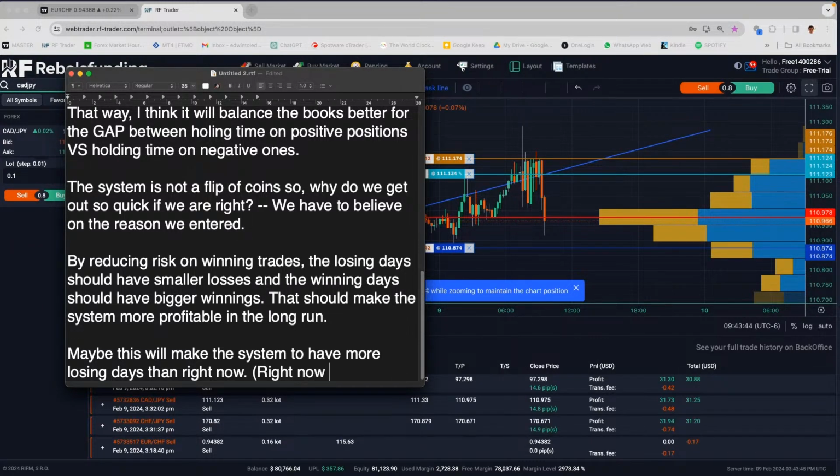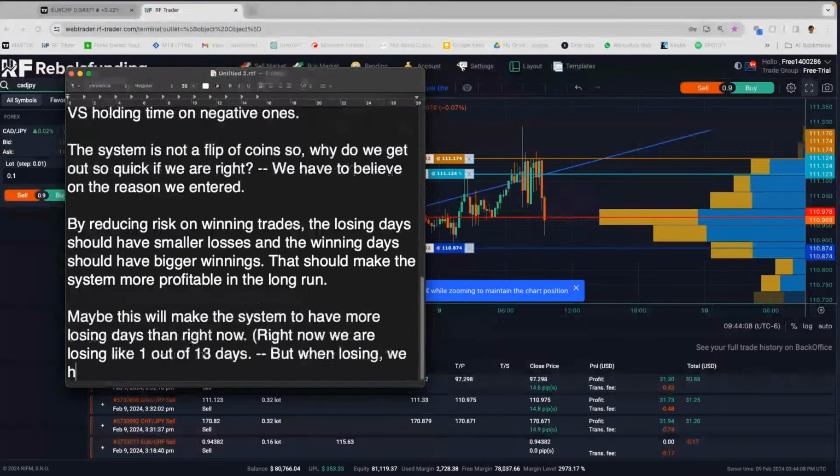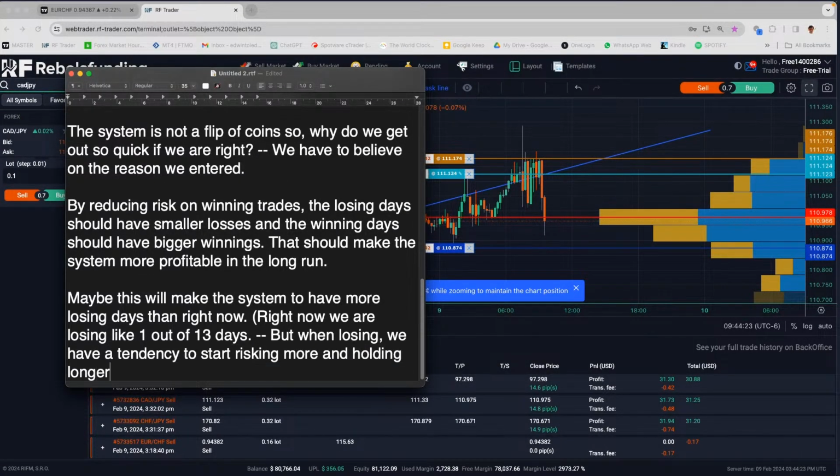because right now we are losing like 1 out of 13 days, right? But when losing, we have a tendency to start risking more and holding longer than we should.